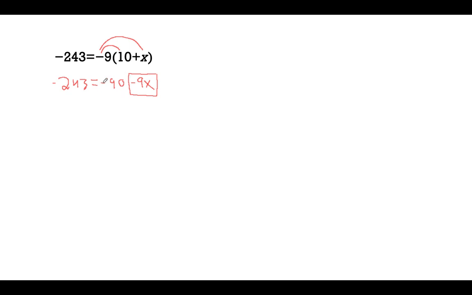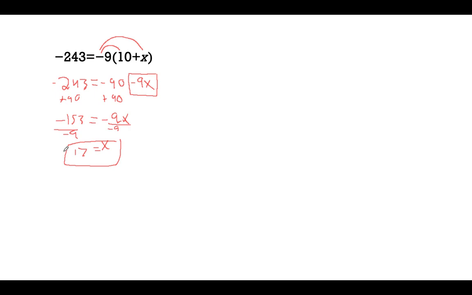So we got to get rid of a minus 90. So the opposite of minus 90 is plus 90. So let's add 90 to both sides. So you got negative 9x equals, then negative 243 plus 90 gets you negative 153. Now you got to divide by negative 9 to solve for x. And x would be 17, because negative divided by negative is positive.